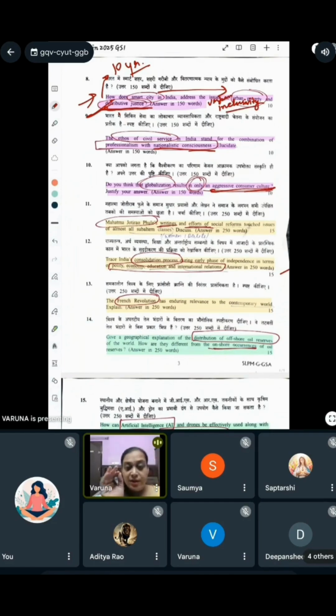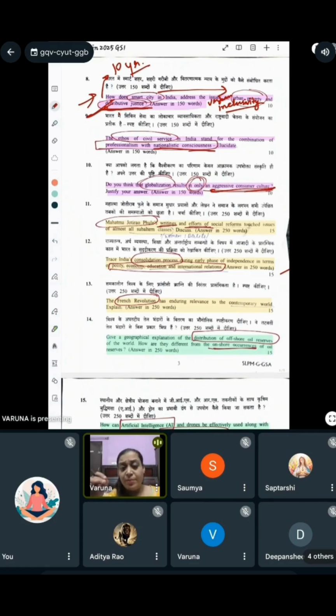So we have to relate the smart city mission with the issues of urbanization and provide arguments related to how it has ensured inclusivity in urbanization, and how it has addressed the issues related to it, especially with respect to urban poverty and distributive justice, right?